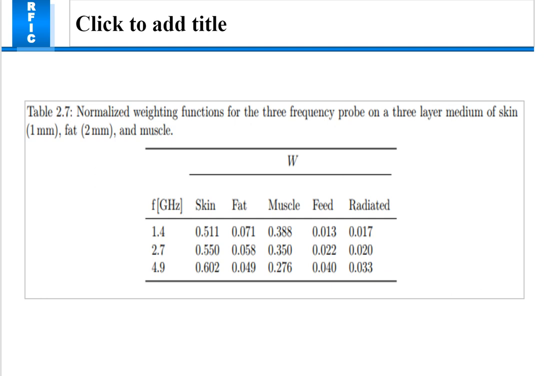You can just see this figure. It's clearly mentioned whatever is used in the different systems to measure the radiometric frequency temperature.